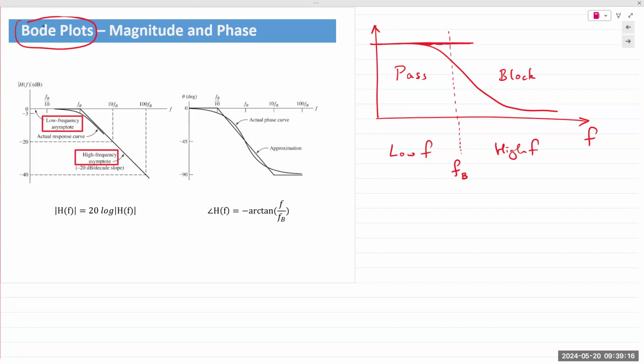And the high frequency asymptote approximates the slope of that curve, again, as a straight line. So it's a straight line that goes like this. And so it's just two lines. You can describe the functioning of a low pass filter or any kind of filter system, basically. So you have the low frequency asymptote here, and this is the high frequency asymptote.